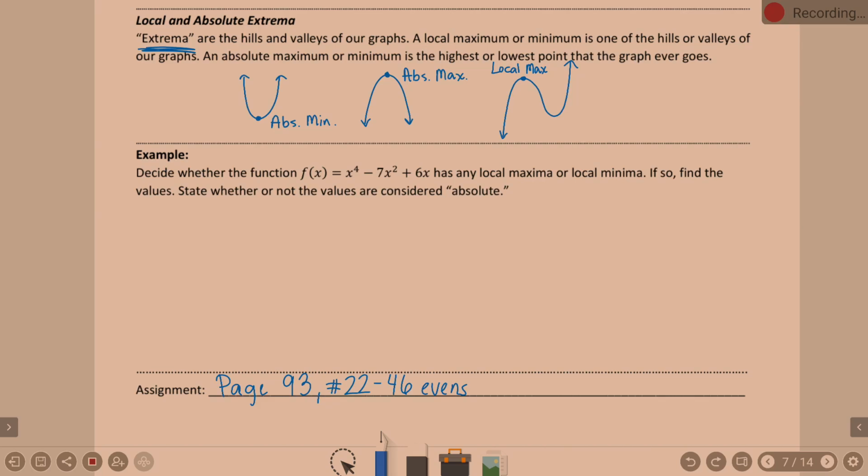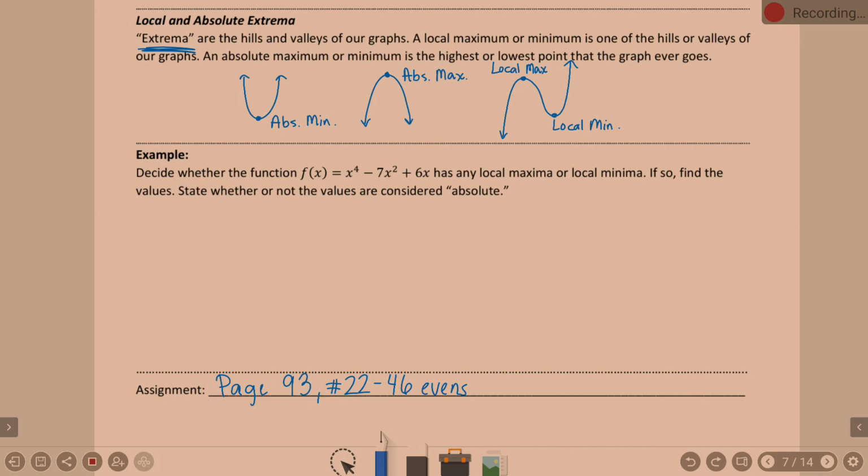It's a max relative to the graph right there beside it. And if that's a local max, guess what? That's a local min, because it's a minimum in that little area. Is that the lowest the graph ever goes? No.